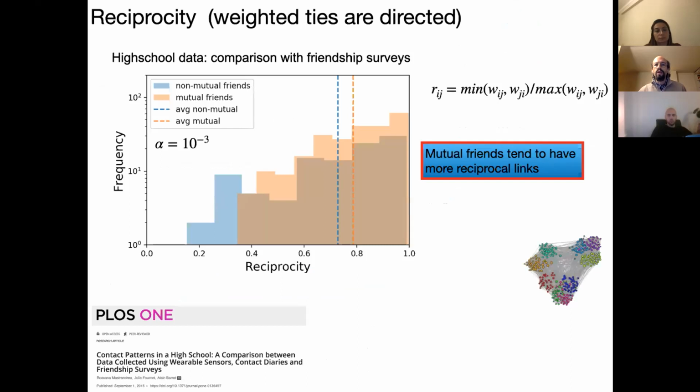So the first thing we looked at is that since these weighted ties now are directed, we looked at the reciprocity, and we took the opportunity of this data set in which we have both contacts and surveys concerning friendship, and we obtained that indeed mutual friends tend to have more reciprocal links, meaning that indeed they are reciprocating their attention in some sense to each other more than non-mutual friends.